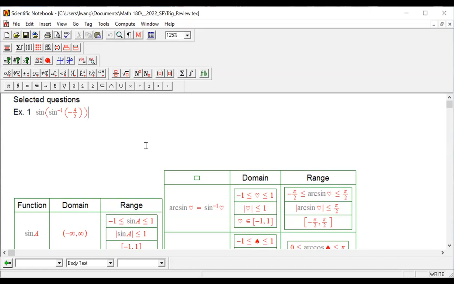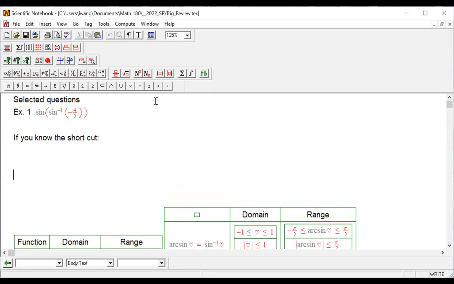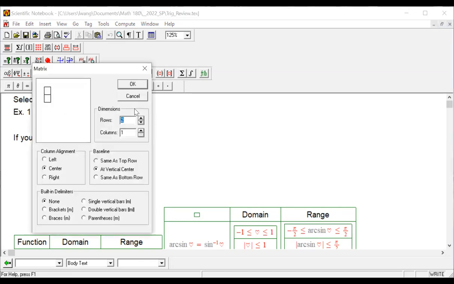If you know the shortcut, from when we studied composition, it's pretty straightforward. There are 2 shortcuts. I'd like to mention them since we talk about this.